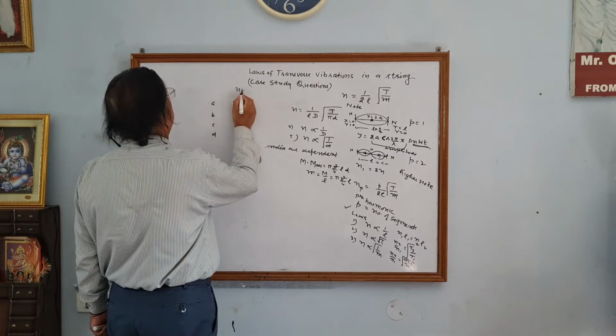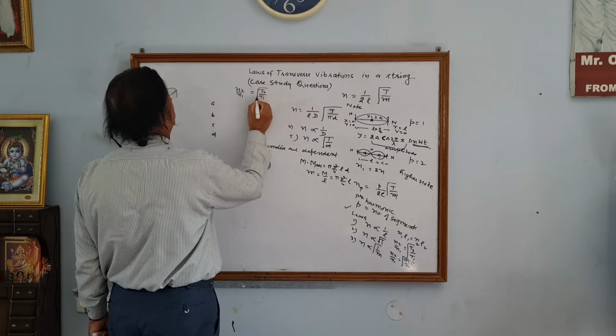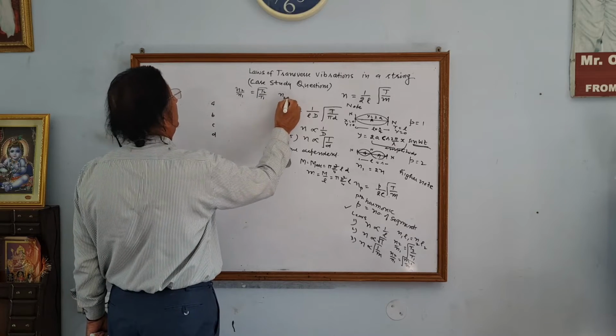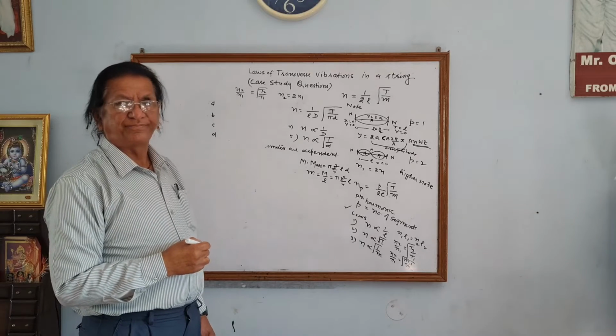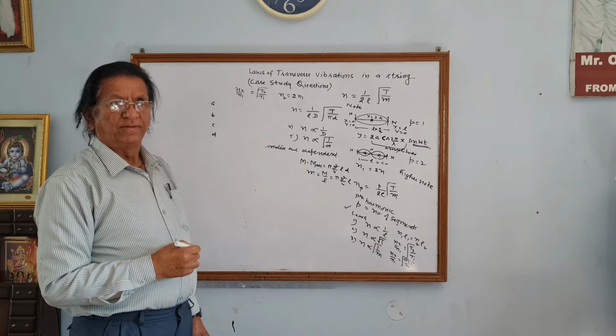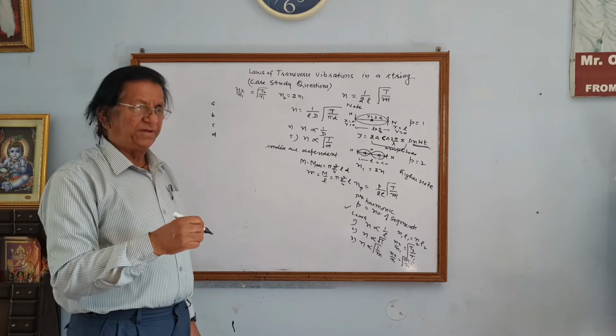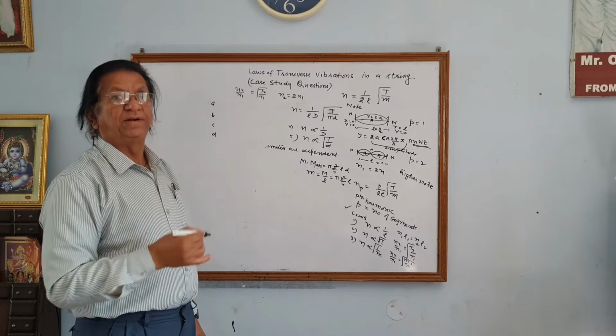Or you can say N2 by N1 is equal to T2 by T1 under root. Now here you are given N2 is 2N1. Same string is made to vibrate with double the frequency, double of the fundamental.